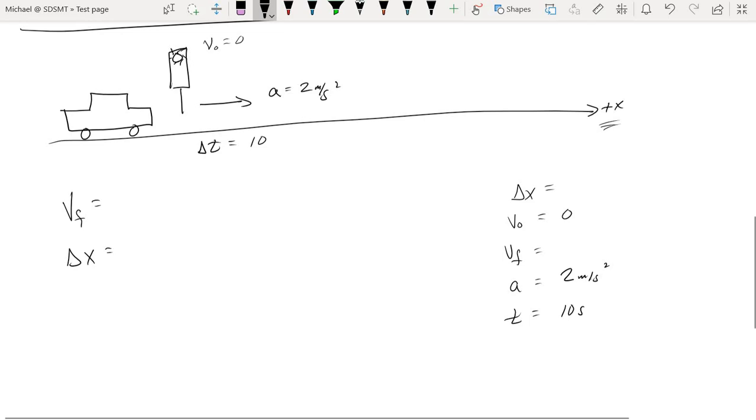Which one should we solve for first? Well, it looks like we've got the final velocity written down first, so using my 3 pieces of given information, I need an equation that involves those 3 along with the final velocity, which I'm trying to solve for, which means that there's no room for delta x anywhere in the expression.